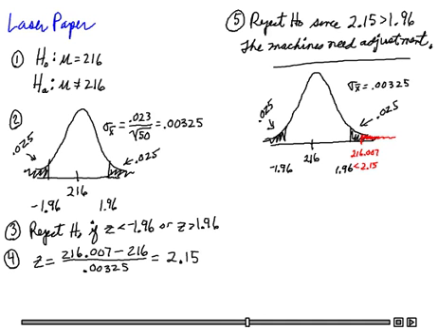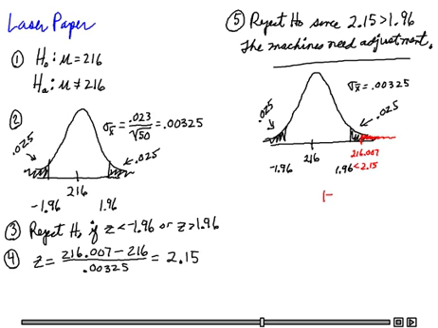To do that, I need to go to the standard normal table with my 2.15. And remember, the standard normal table will give us the probability to the left of the 2.15. So to get this upper end, I'm going to have to take the table value away from 1.